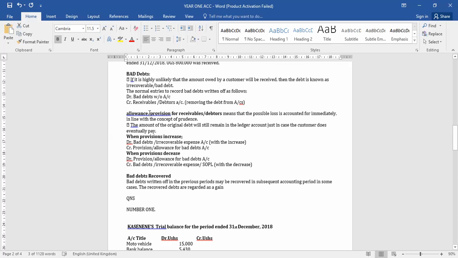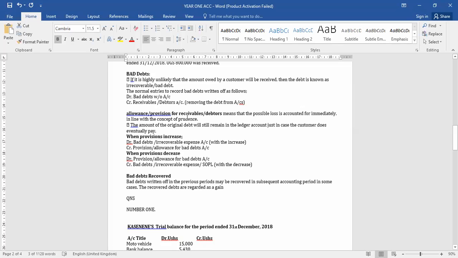Now, for instance, let me say this company was a little bit wise, it provided for some allowance, or provision for receivables, or debtors, meaning you are now providing for debtors. Let me say in a company you had 5 debtors. Among the 5 debtors, only one is a bad debtor, meaning is unlikely to pay you at any time.